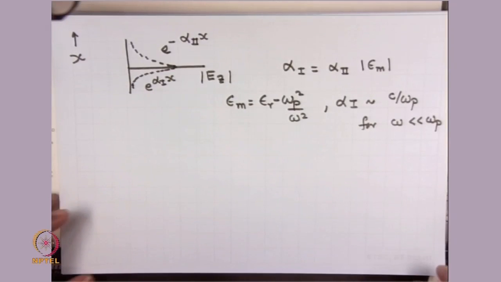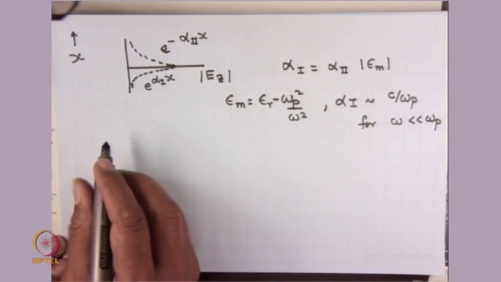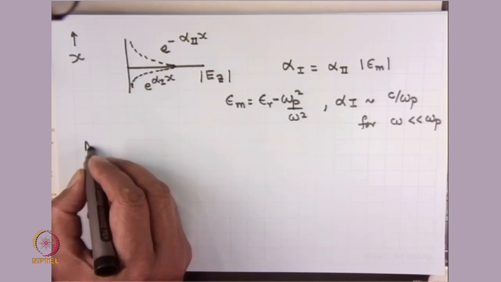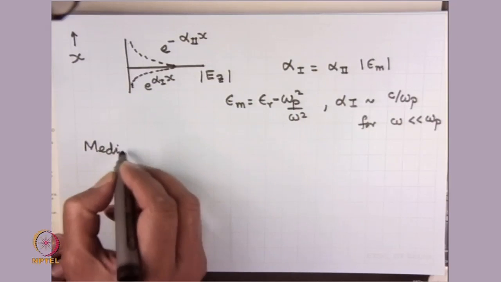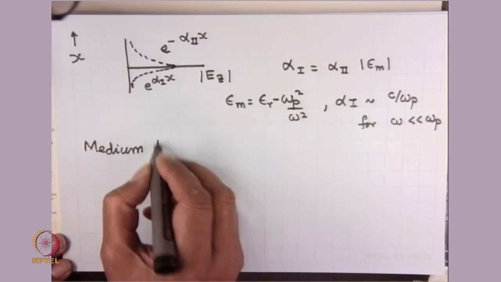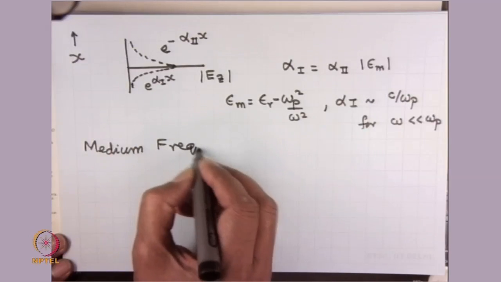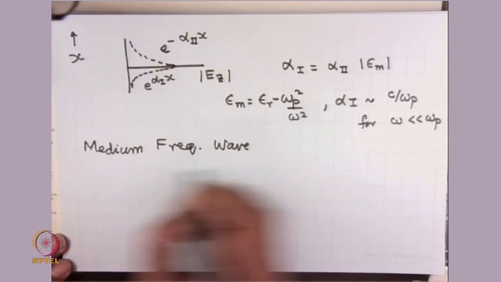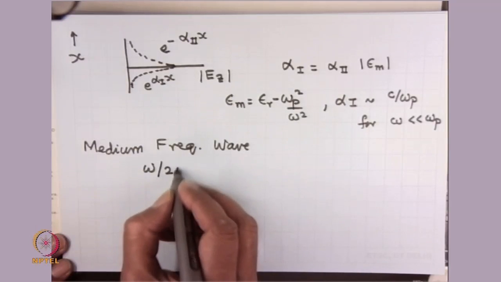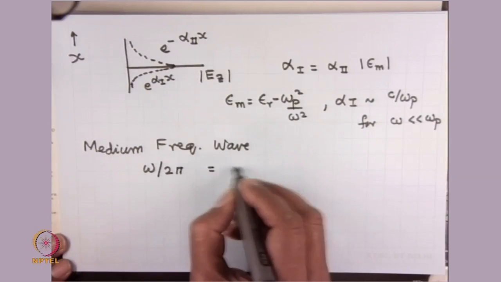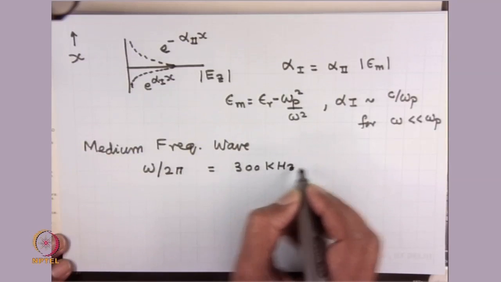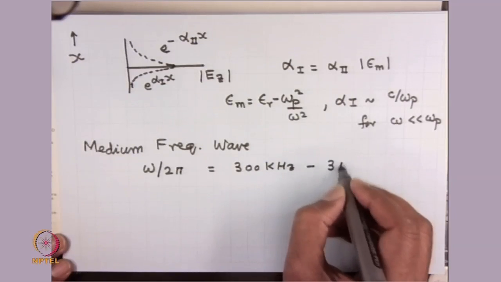It contains soils, but when you are talking of frequencies like medium frequency waves, or medium waves, we are talking about frequencies omega upon 2 pi in the range 300 kilohertz to 3 megahertz.